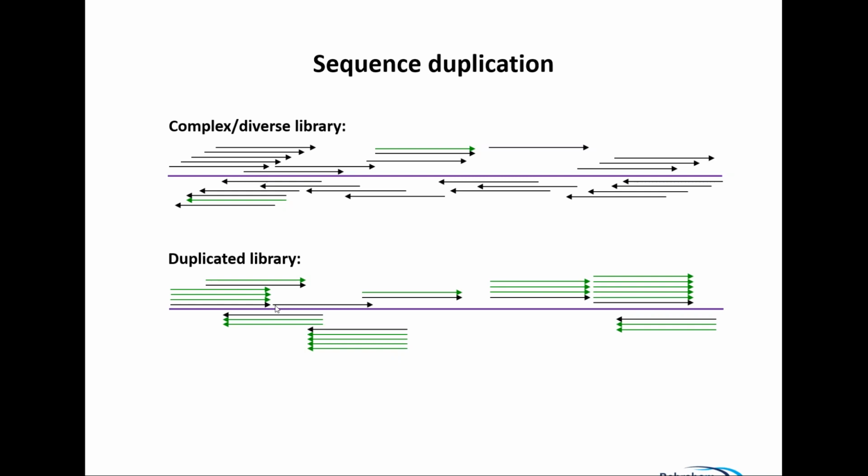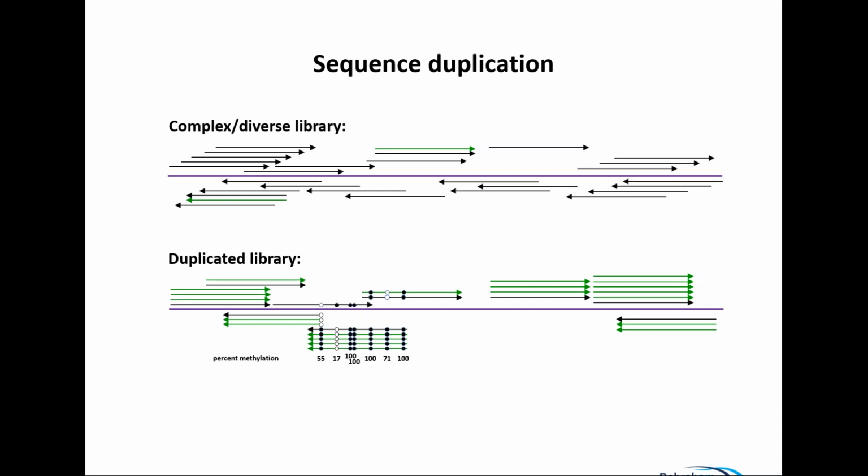If you have a very duplicated library, on the other hand, then you would only have very few positions that are actually unique, and many reads that start and end at the very same position. And this often happens when you have very low starting material, so you start amplifying everything up with PCR.